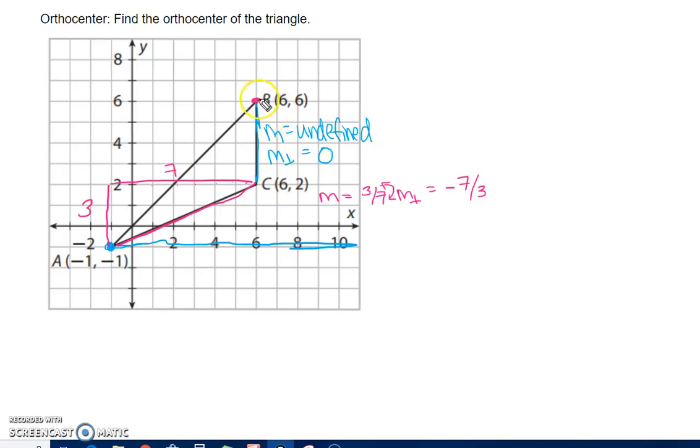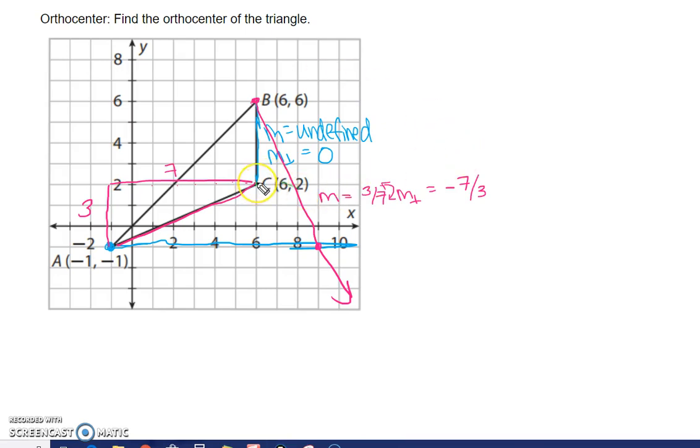So from point B, I'm going to go down 7 and to the right 3. And there's that point here. And that line goes that direction. And you'll see it falls outside of the triangle. What that tells me is that this triangle is obtuse. If your orthocenter falls on the outside, that tells me that my triangle is obtuse.